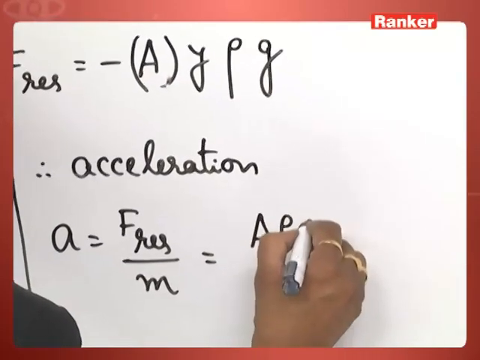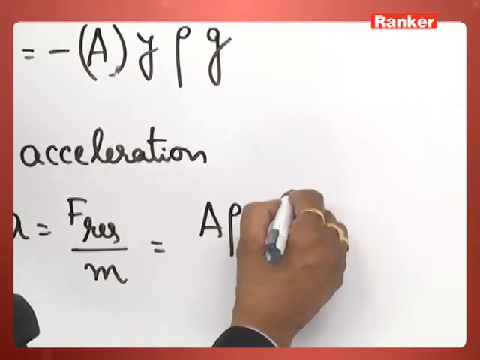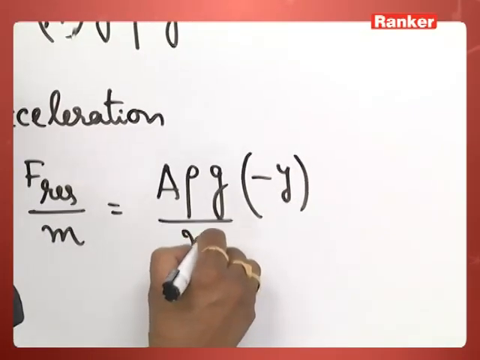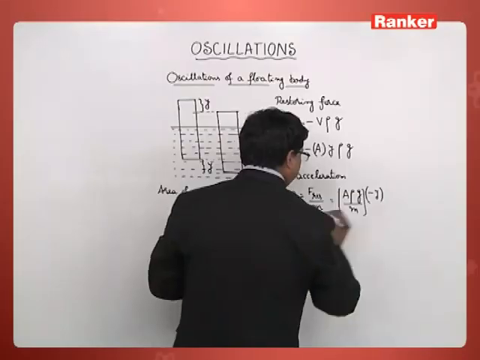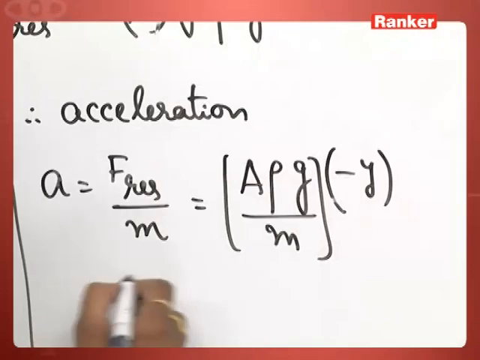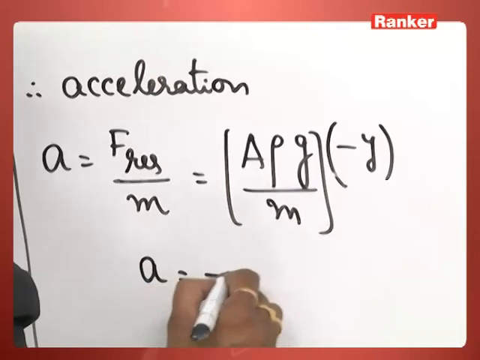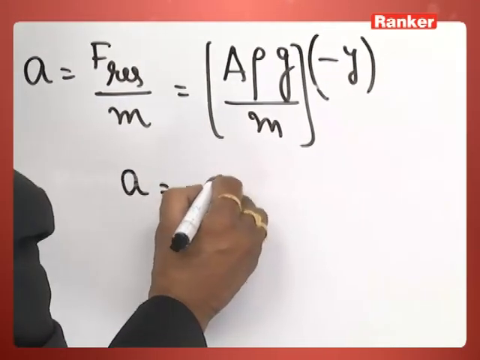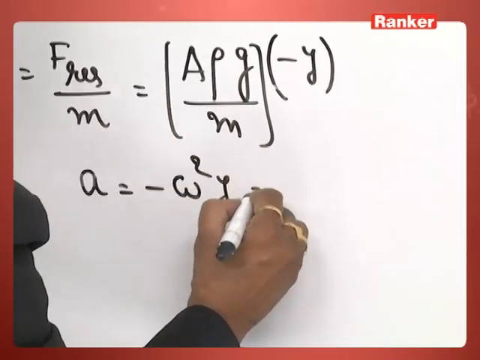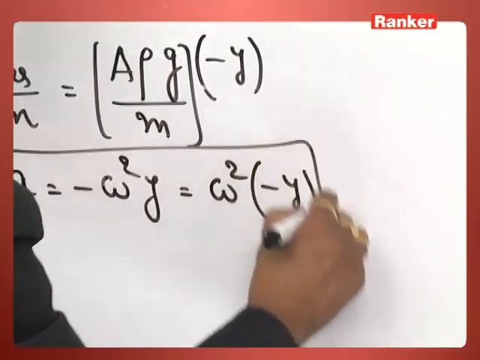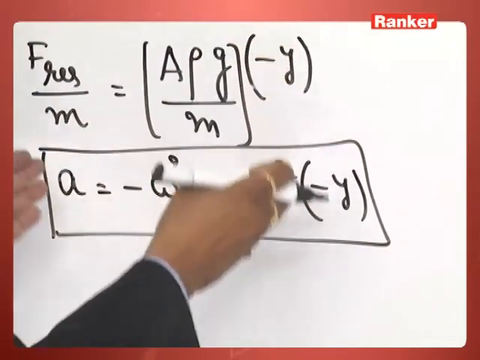It can be written as A rho g into minus y by m. I can write it like this. Once again, this is exactly similar to the basic principle of simple harmonic motion, that is omega square into minus y. We can just compare this equation with this.